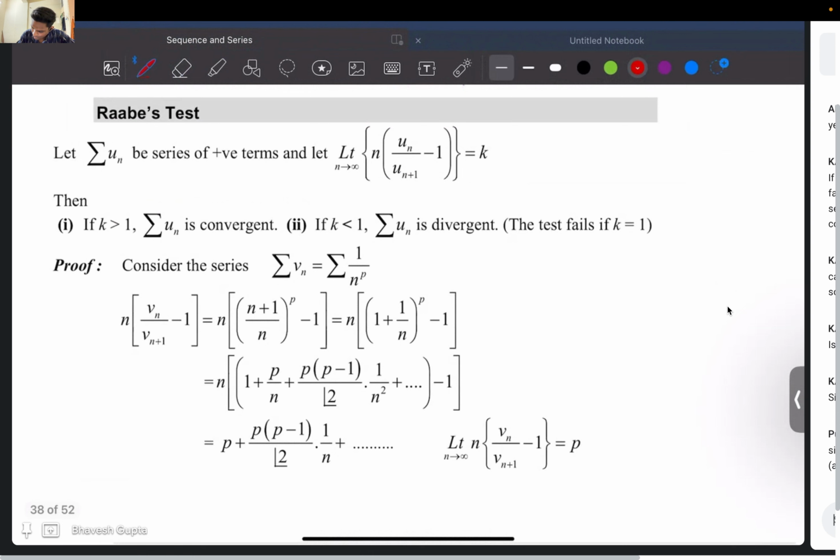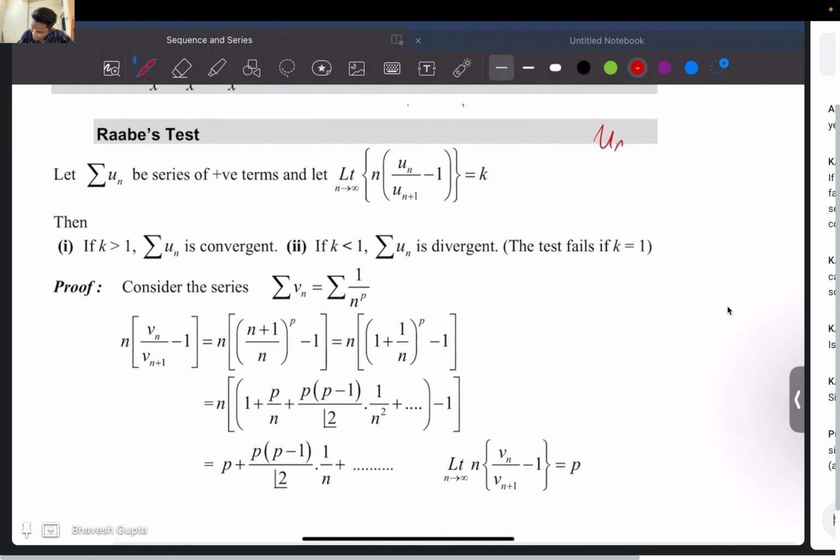See, un over un plus 1, this limit turns out to be 1 over r, the radius of convergence, when n tends to infinity, right?